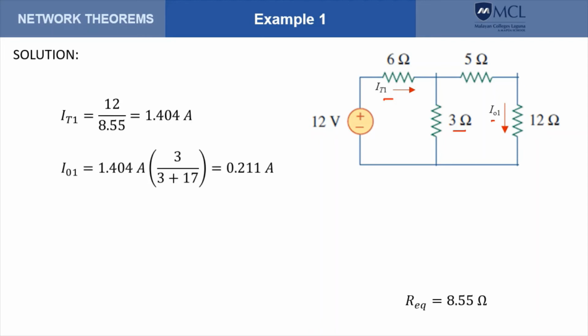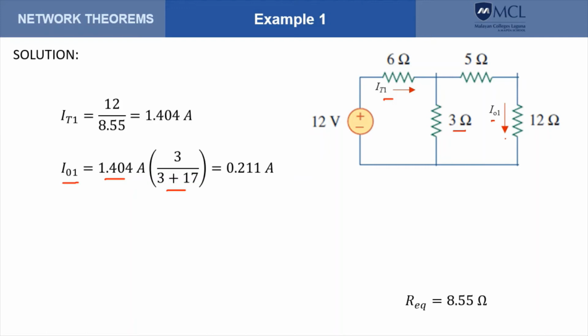I sub 0, 1 is the current entering the parallel combination times a factor, which is this one.